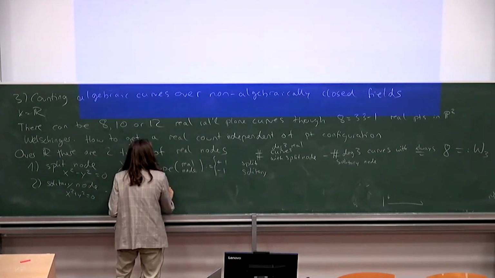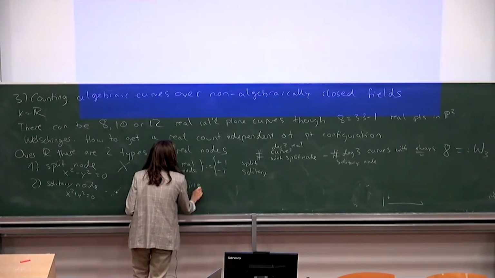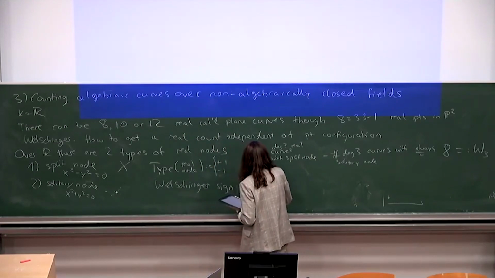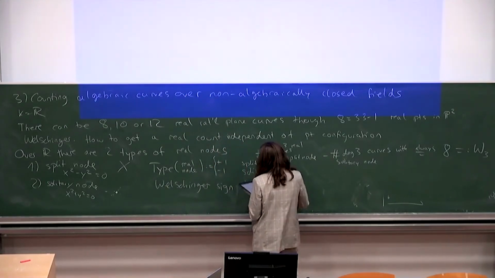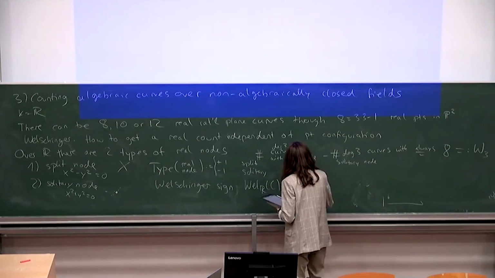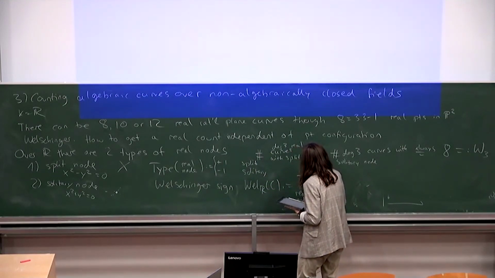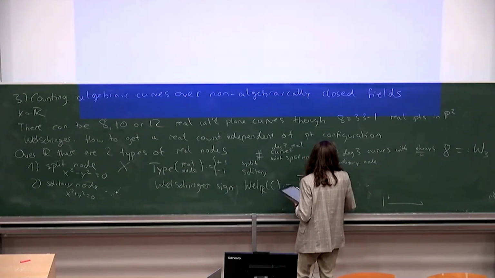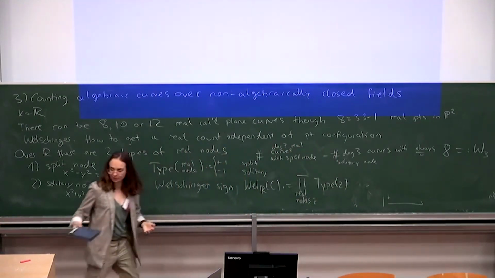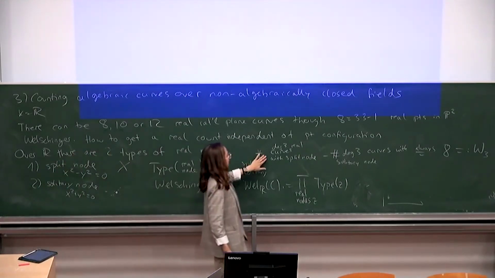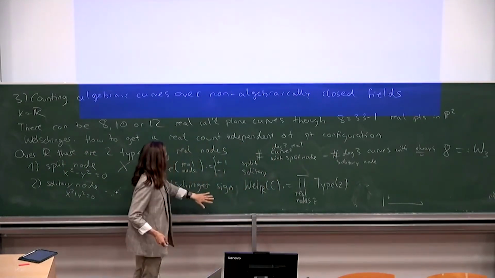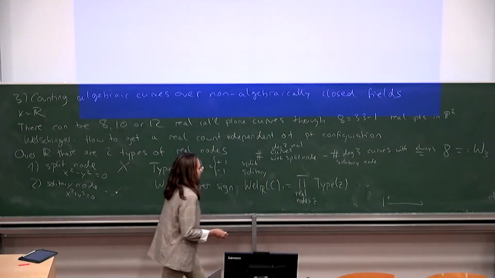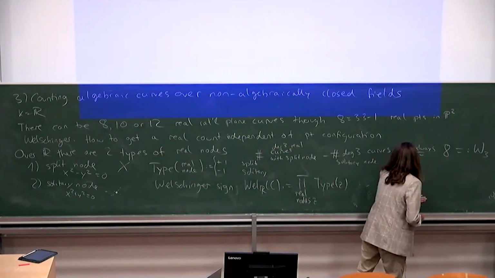And we can define the Welschinger sign of a real curve to be the product over all real nodes z of the types of z. And just like in this case where the degree is 3, if I sum up these Welschinger signs, this will be an invariant. So this is Welschinger's theorem.